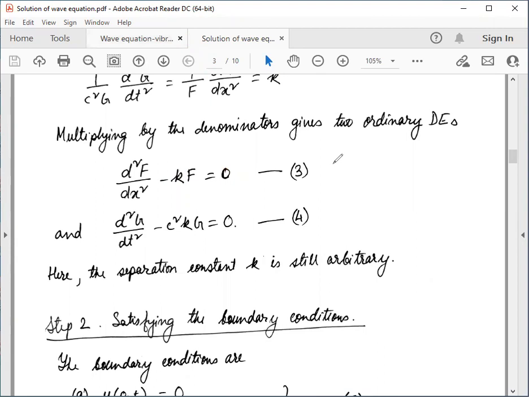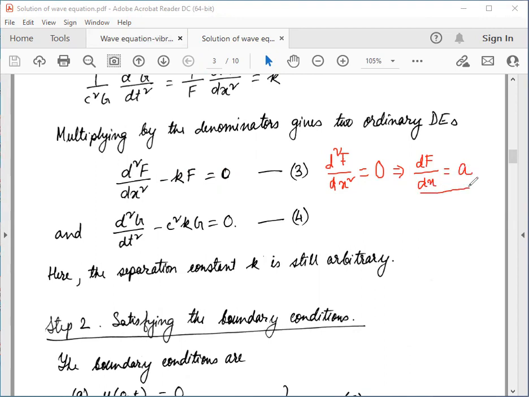If k is equal to 0, then we have this differential equation d2f by dx square equal to 0. Okay, so if I integrate with respect to x once, I should get the first derivative, df by dx, equal to a.